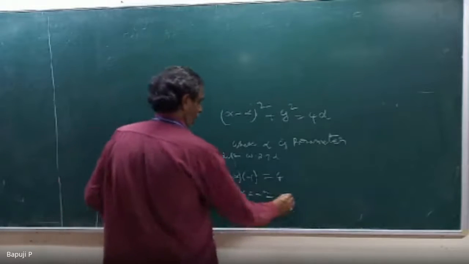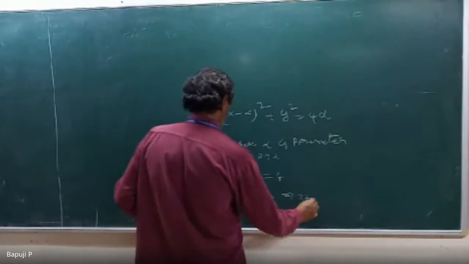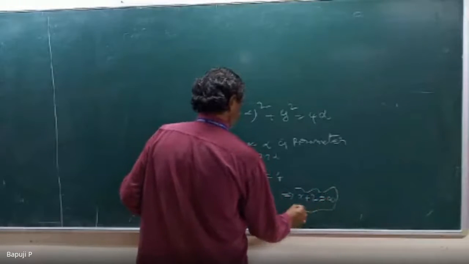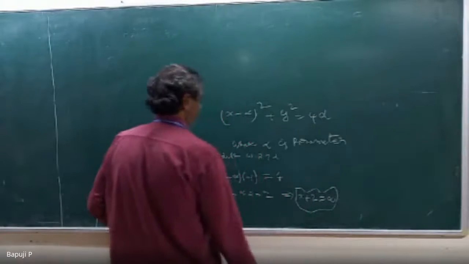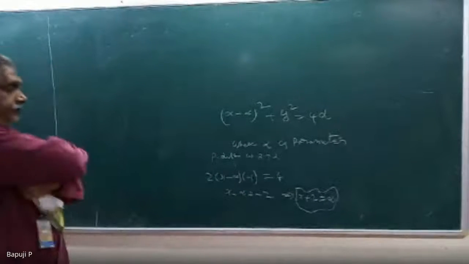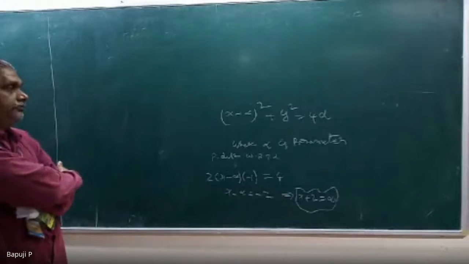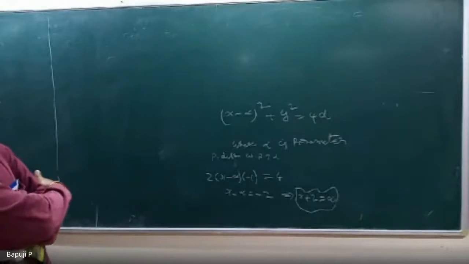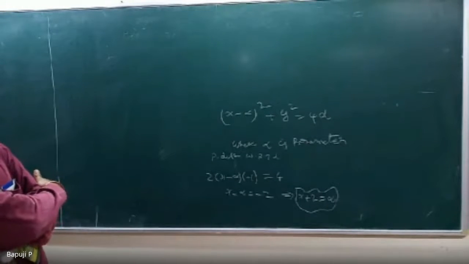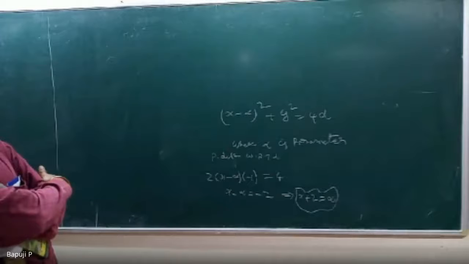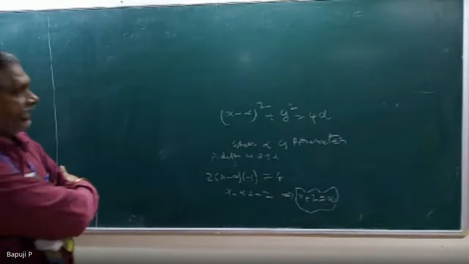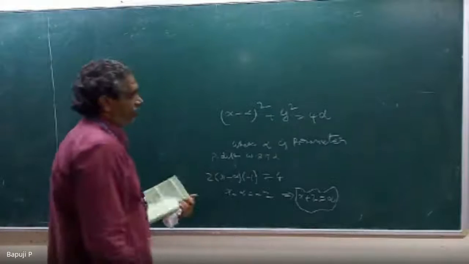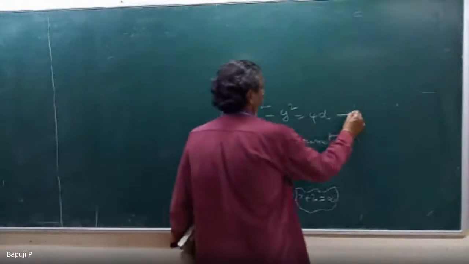So x plus 2 is equal to alpha. So x minus alpha is equal to, I got, minus 2. I will substitute that minus 2 here, substituting the alpha value in 1.